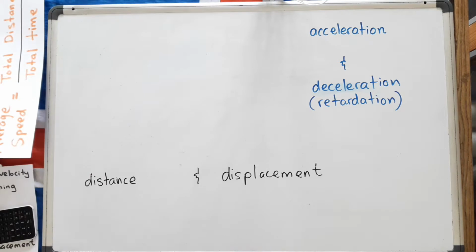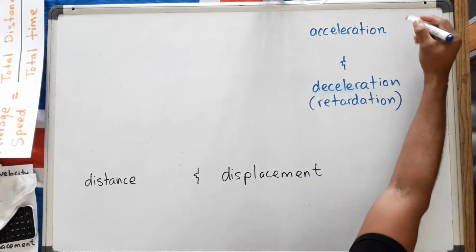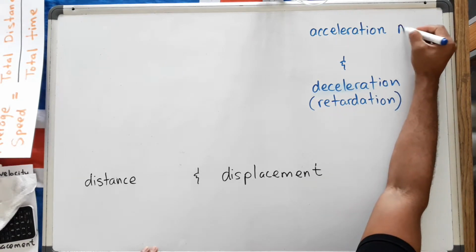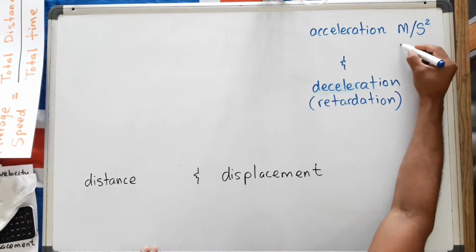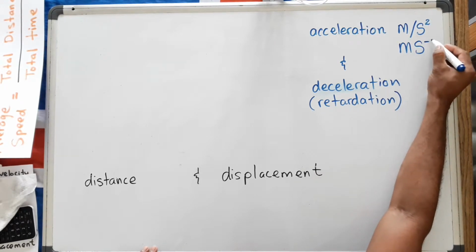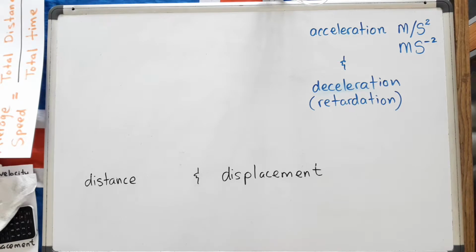All right. The next one I want to do is something called acceleration and deceleration. First of all, acceleration is measured in meters per second squared, or ms minus 2. And acceleration is something that makes something go faster.